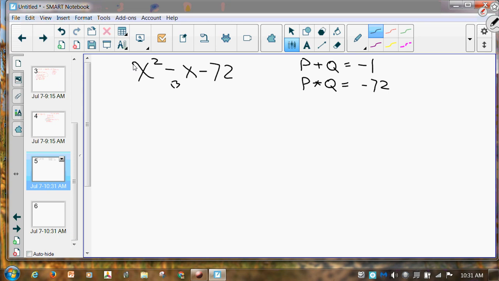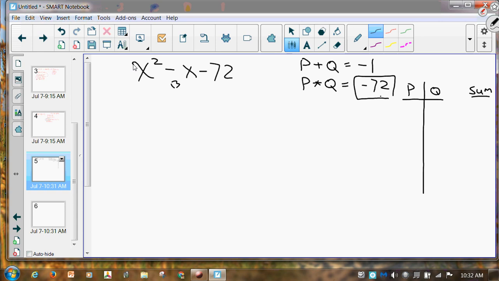And if this doesn't just jump right out at you, which the more you do this, the more you will have a tendency to do, we can make a little table. We'll take P and Q, and ask what are some factors of minus 72, and then what do they add to? Most of this you can probably do in your head.